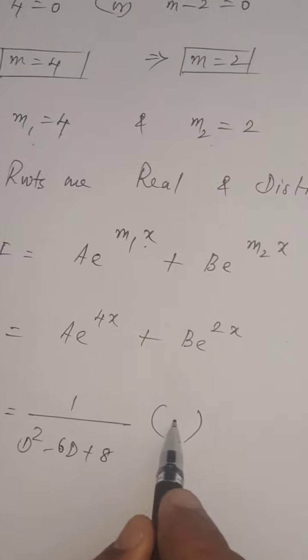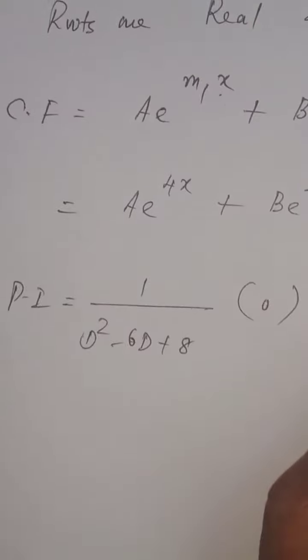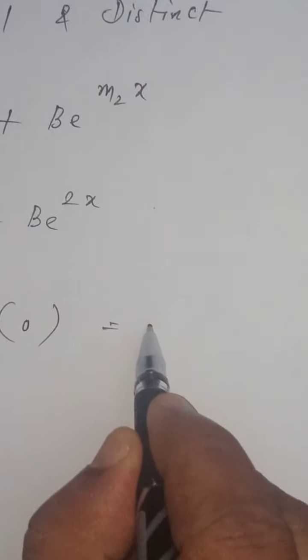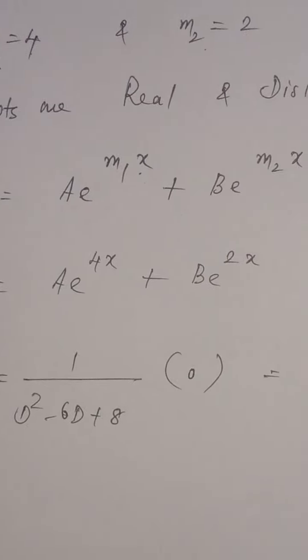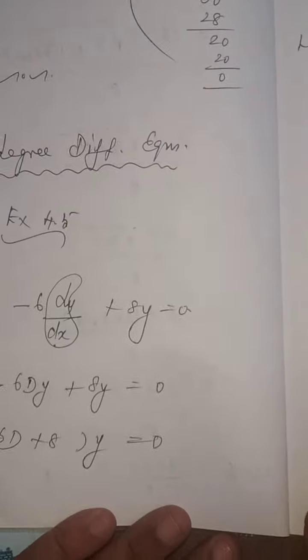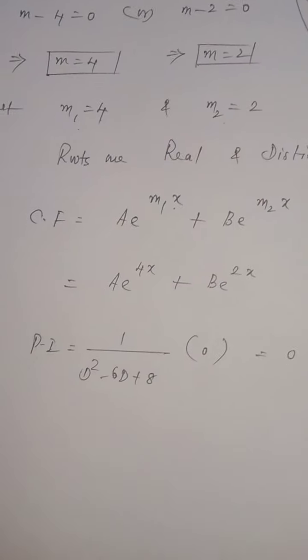You just write the 0 only. If it is 0, 0 into anything is 0 only, you can straight away write that is 0. So whenever 0 is in the right hand side, you can straight away write particular integral equals 0. This is all not necessary. You can straight away write PI equals 0.